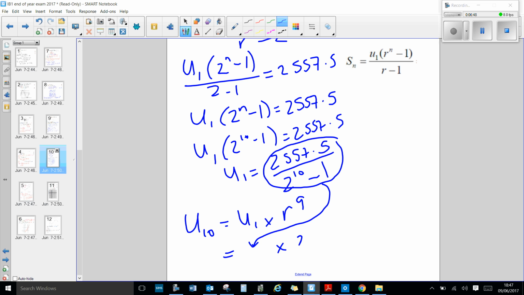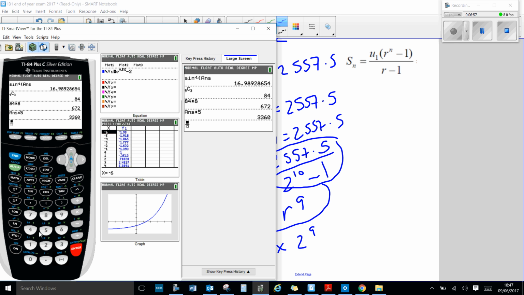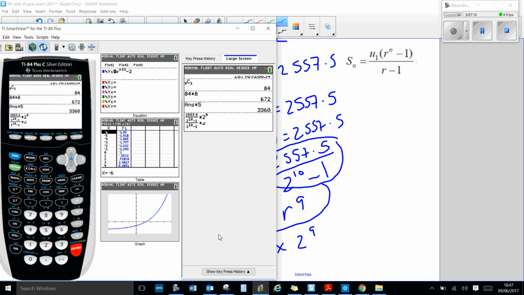I'm going to stick that in my calculator: 2557.5 over (2 to the power 10, take away 1), multiplied by 2 to the power 9, gives us 1280.